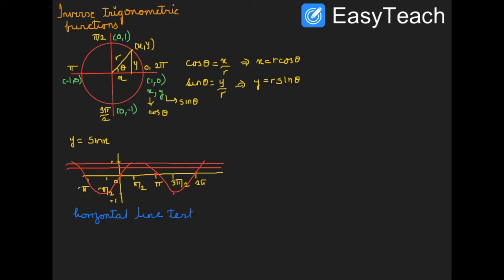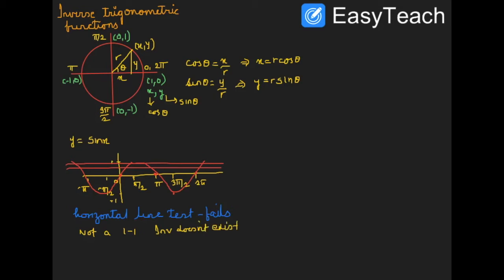We can see here that the graph is being cut at multiple places. So it fails the horizontal line test and therefore it is not a 1-1 function, and therefore the inverse does not exist.